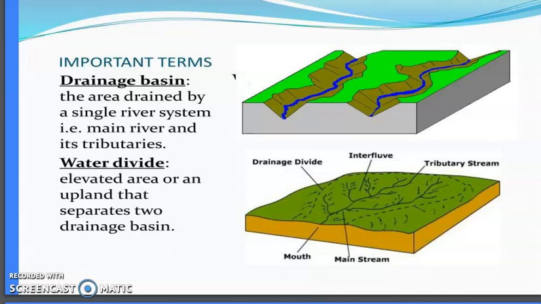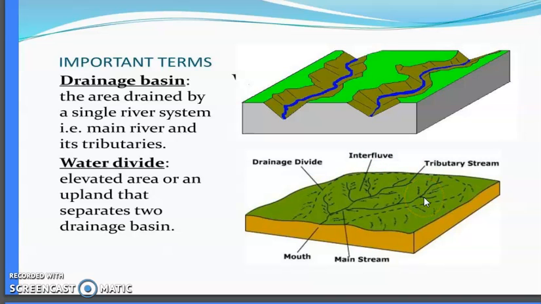There are some more basic terms that we should know regarding drainage. One of them is the drainage basin. The meaning of the term drainage basin is the area drained by a single river system. If you look at this diagram, this particular one is a river and the small parts are the tributaries of the river.